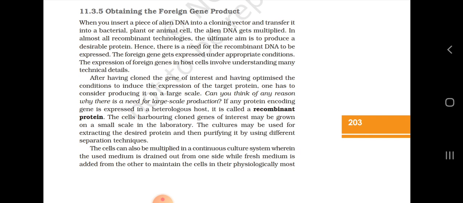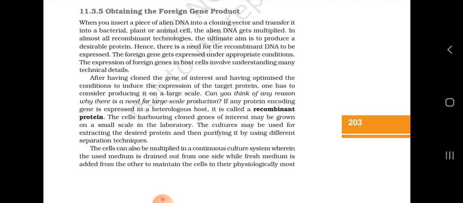This also includes various processes: separation of the product from the reactor, then purification of the product, then formulation of the product with suitable preservatives, and lastly quality control and testing, also clinical trials in the case of drugs.